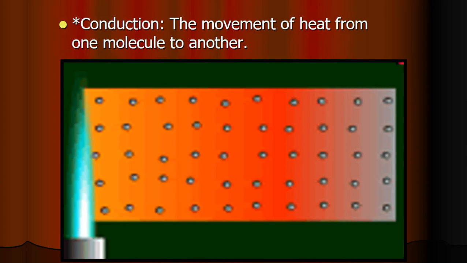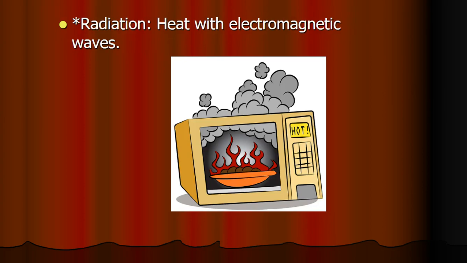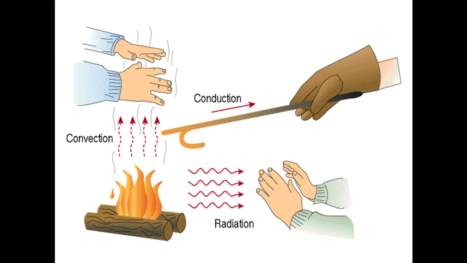This is the movement of heat from one molecule to another. And the last way is radiation. So go ahead and label your pictures. I'll go back so you can see the pictures again. Go ahead and add the words in so that you are clear about what each one looks like.